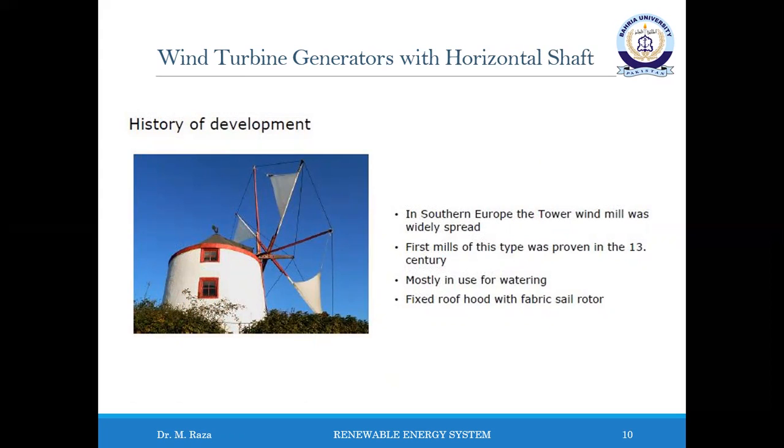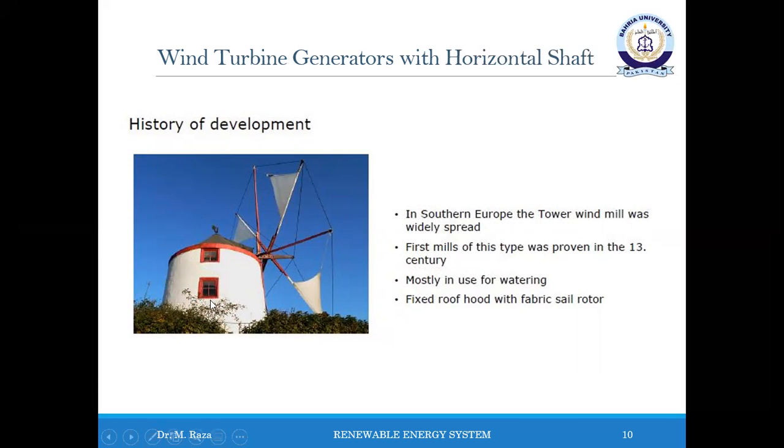Already very early on, the first windmills of this kind were used for irrigation. The first documentation of these mills dates back to the 13th century. The main feature of the older Mediterranean types is the cylindrical stone-built mill house, such as shown over here, a fixed thatched roof and a rotor with 8 or more sails.